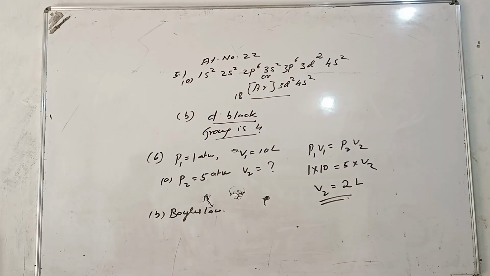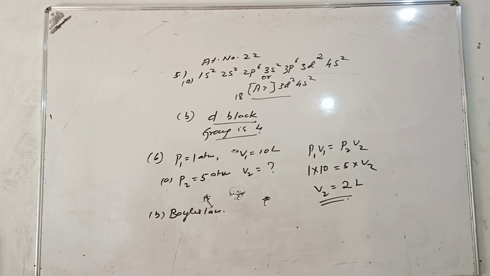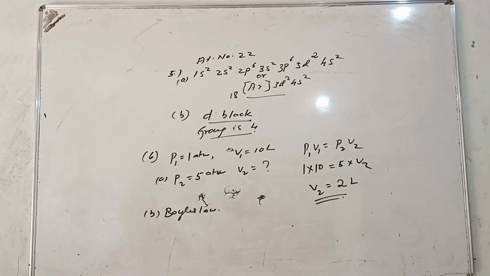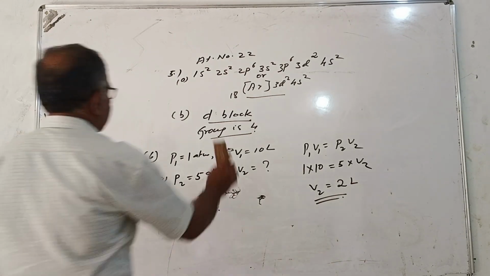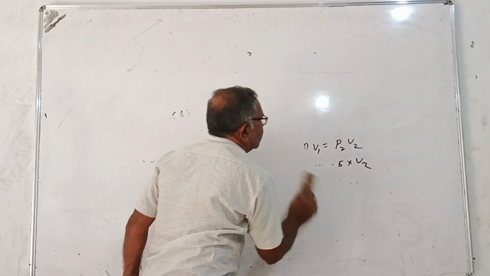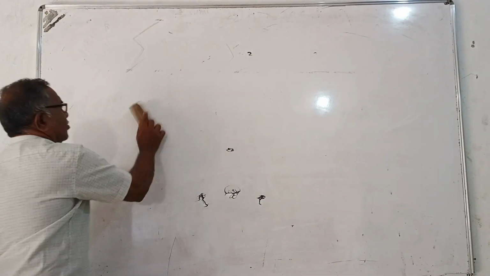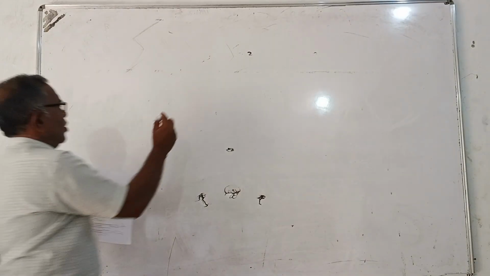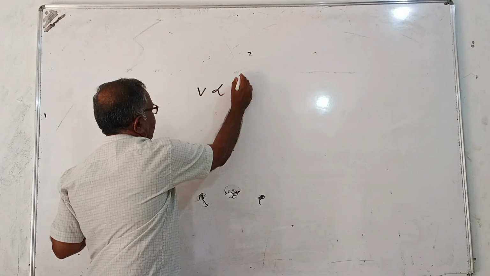Boyle's law: at constant temperature, the volume of a fixed mass of a gas is inversely proportional to its pressure, or V is inversely proportional to pressure.